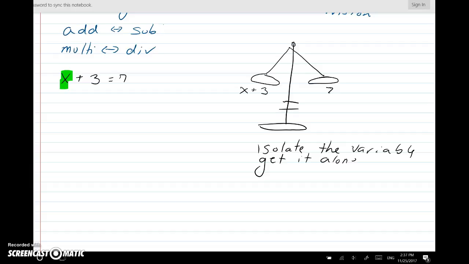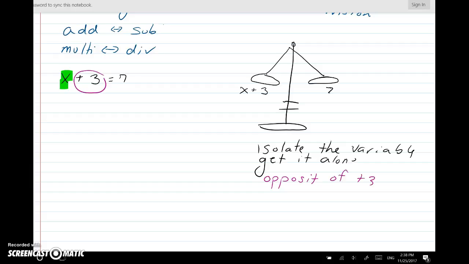So, now that we know where the variable is, and the idea is to get it by itself, what is it connected to? Well, it's connected to this plus 3. Well, how do I get rid of a positive 3? If you remember back when we were dealing with integers, what is the opposite of positive 3?